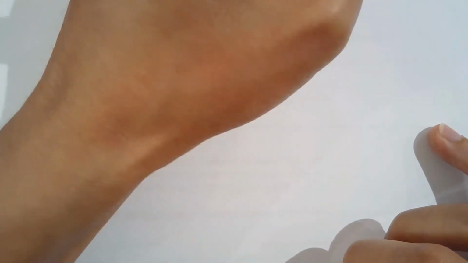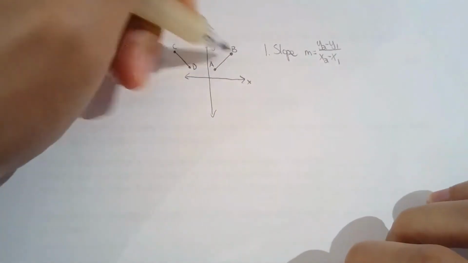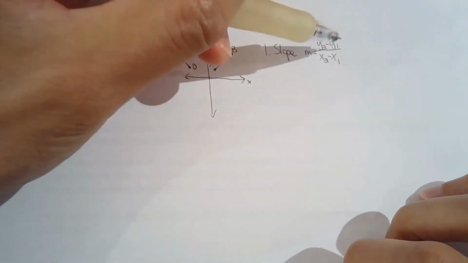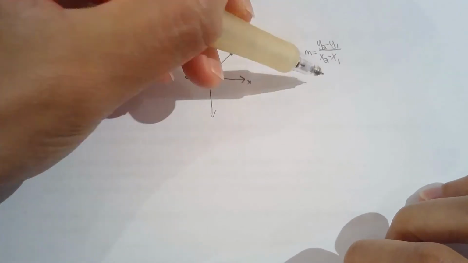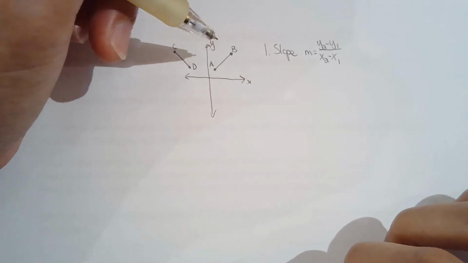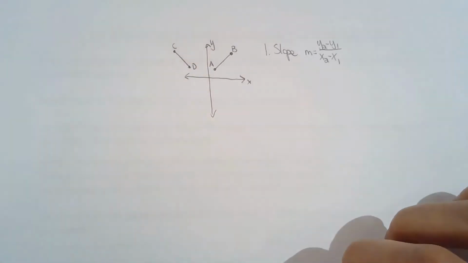So this question we can actually answer rather easily. I can use any 2 points on this line segment, doesn't have to be the endpoints, and then punch it into the slope formula, find the rise, find the run, and the slope is rise over run. That's the first thing I think of when I see the line segment, because we worked with slope for a pretty long time in grade 9.